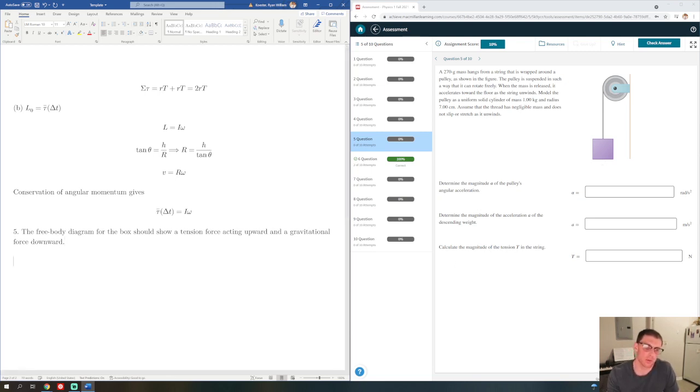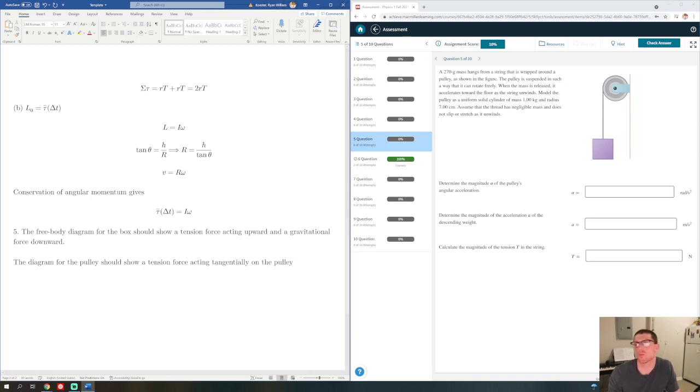This other part could be a little bit more tricky, because we need to think about, let's call it the free body diagram, or maybe a torque body diagram with a pulley. So I'll just say the diagram for the pulley should show a tension force acting tangentially on the pulley, which we model as a disk.